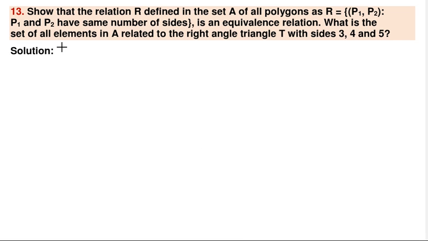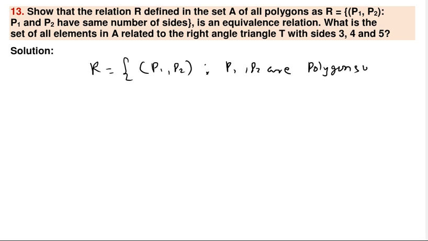The next question: show that the relation R defined in the set A of all polygons, where P1 and P2 are two polygons with the same number of sides, is an equivalence relation. So the relation R has the representative element (P1, P2), where P1, P2 are polygons with the same number of sides.